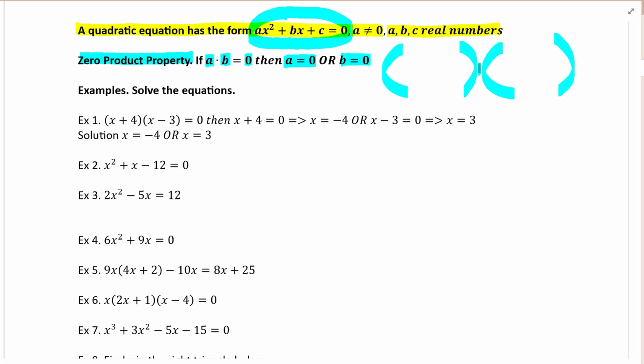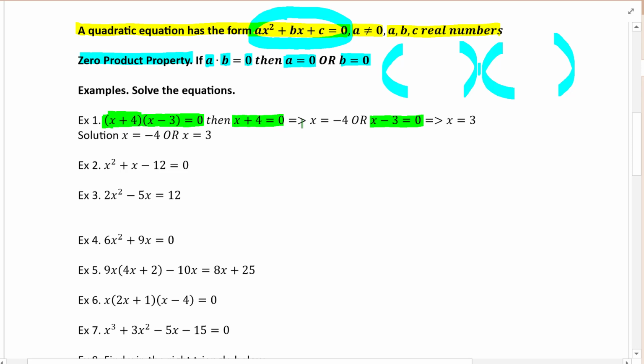So let's take a look at the first example, which is already solved. It says x plus 4 times x minus 3 equals 0. It's already in factored form, right? I have a factor of x plus 4 and a factor of x minus 3 equals 0, then each of these factors is going to be 0.